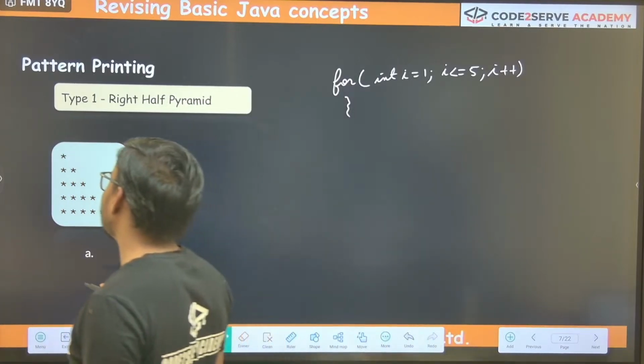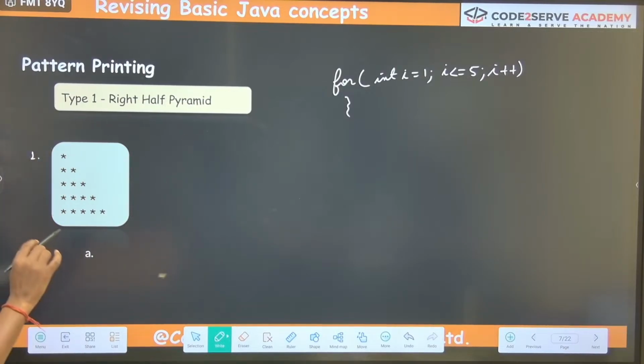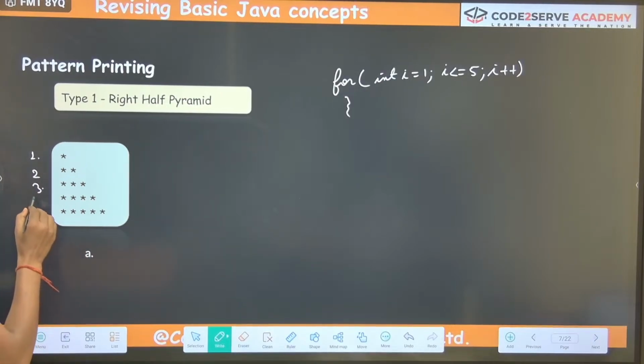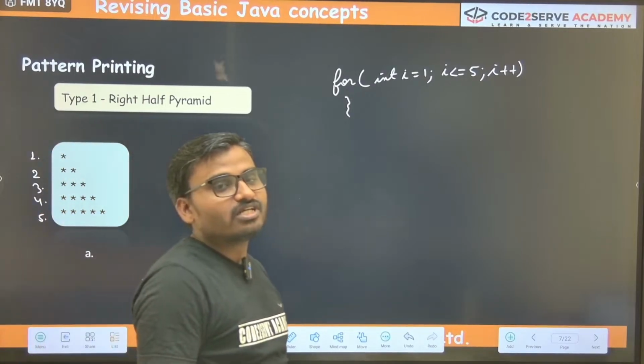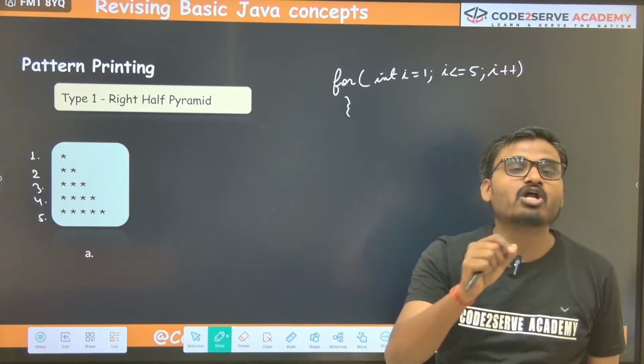So over here if you see in row number 1 I am printing only one column. Row number 1, one column. Row number 2, two columns. Row number 3, three columns. Row number 4, four columns, and row number 5, five columns. That means in each row I have to print that many number of columns.